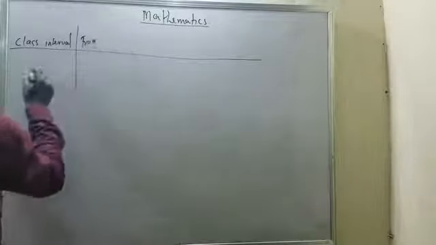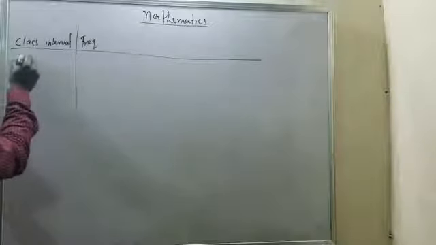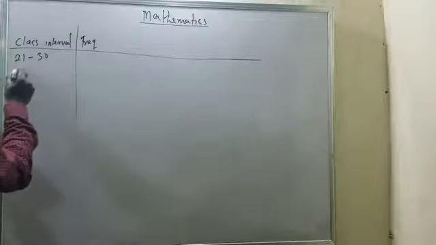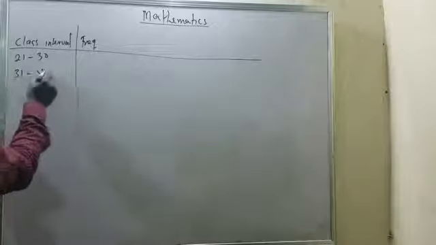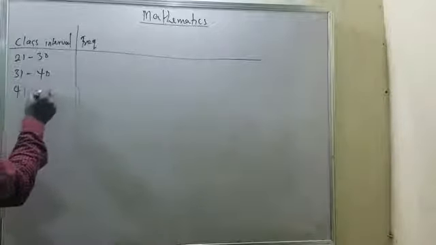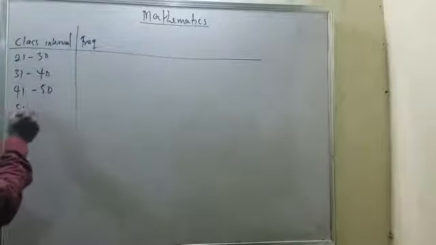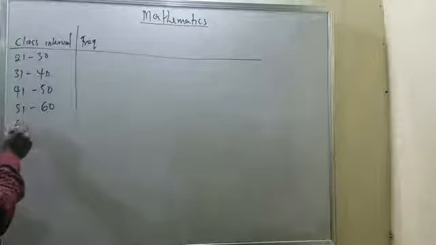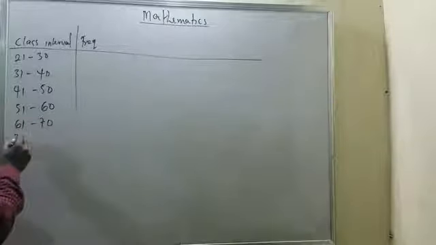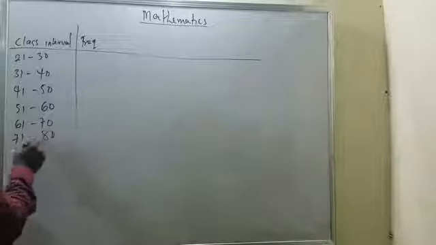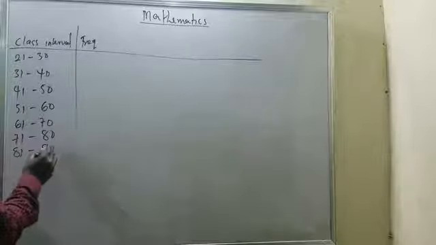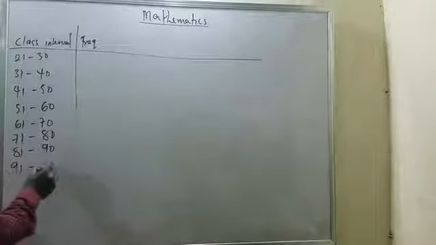I just abbreviate it. Now, this is class interval: 21 to 30, 31 to 40, 41 to 50, 51 to 60, 61 to 70, 71 to 80, 81 to 90, 91 to 100.